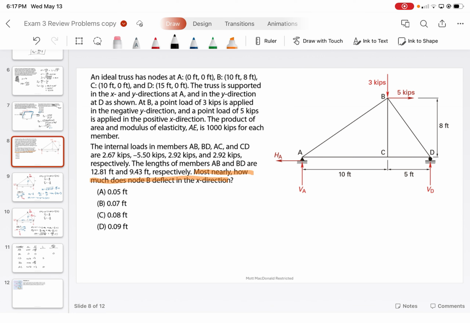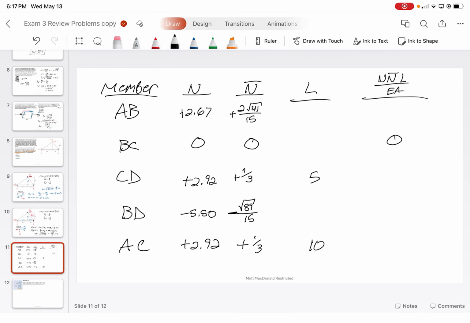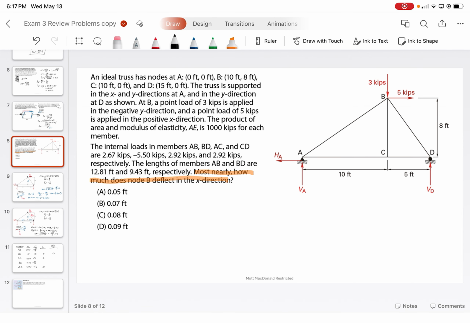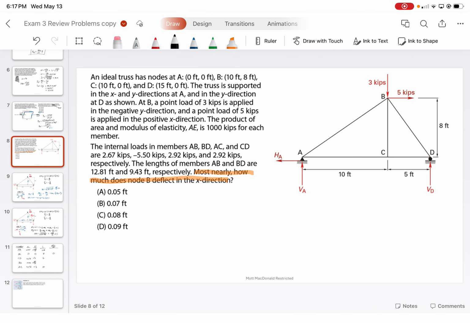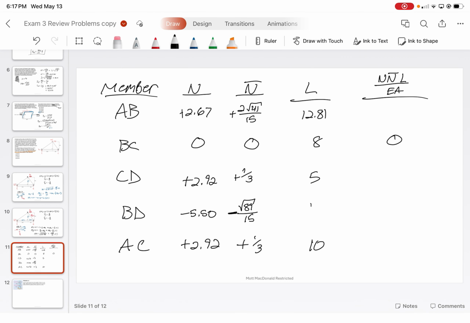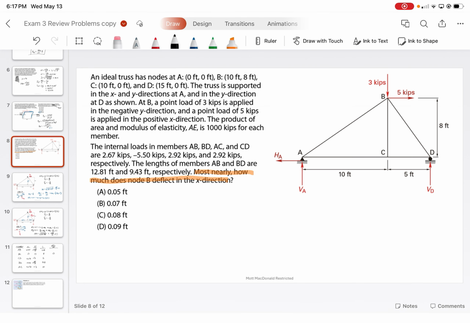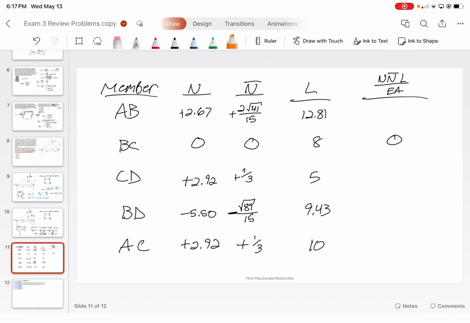The length of member BC was 8 feet, not that it matters. The length of member AB was specified as 12.81. And then the length of member BD is 9.43.